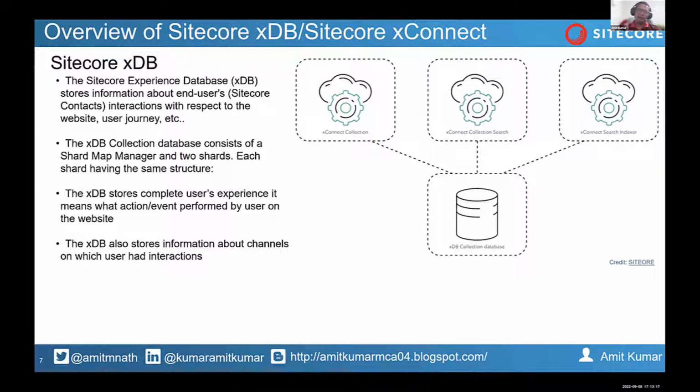From Sitecore 9 onwards, we have a microservices-based architecture where the xConnect endpoints interact with the xDB to get or set the data. xConnect has two sorts of API endpoints: xConnect collection and xConnect collection search. xConnect collection is used to interact with the CD server, and xConnect collection search interacts with the CMS, because in the CMS you access the experience profile or any marketing automation features.